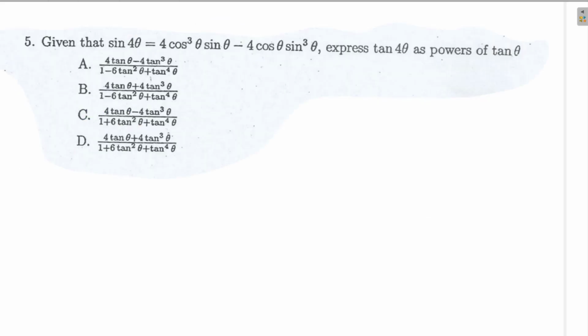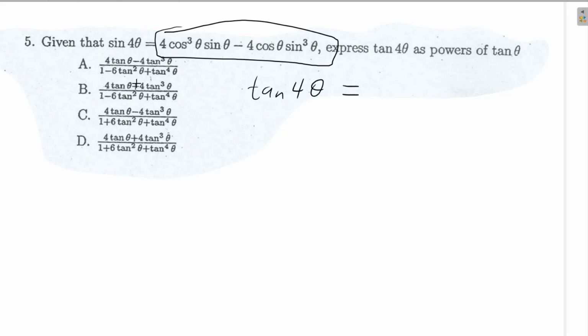Next question. Just like we've been doing, we've been given sine 4 theta is equal to all of this. Express tan 4 theta as powers of tan theta. So we are going to ignore all of this. All we are focusing on is that tan 4 theta is equal to one of these.